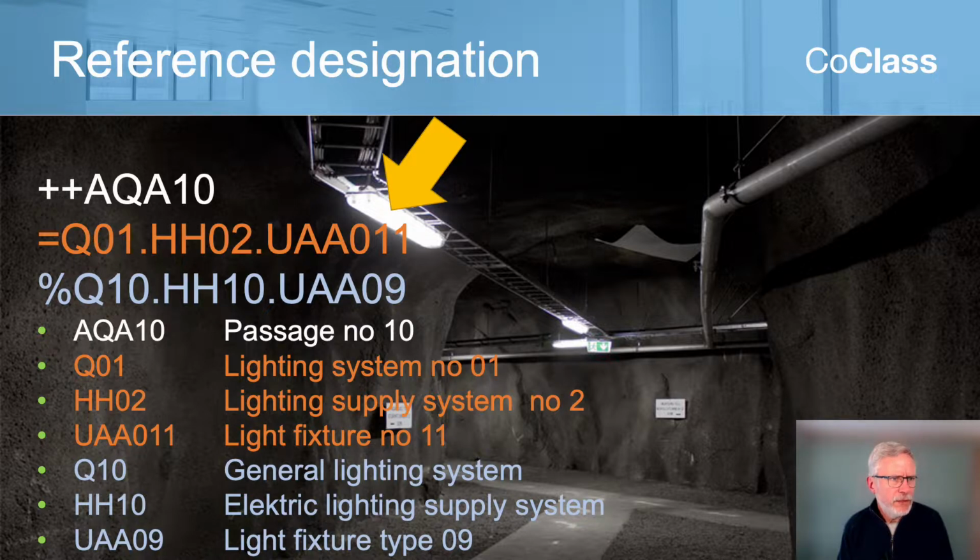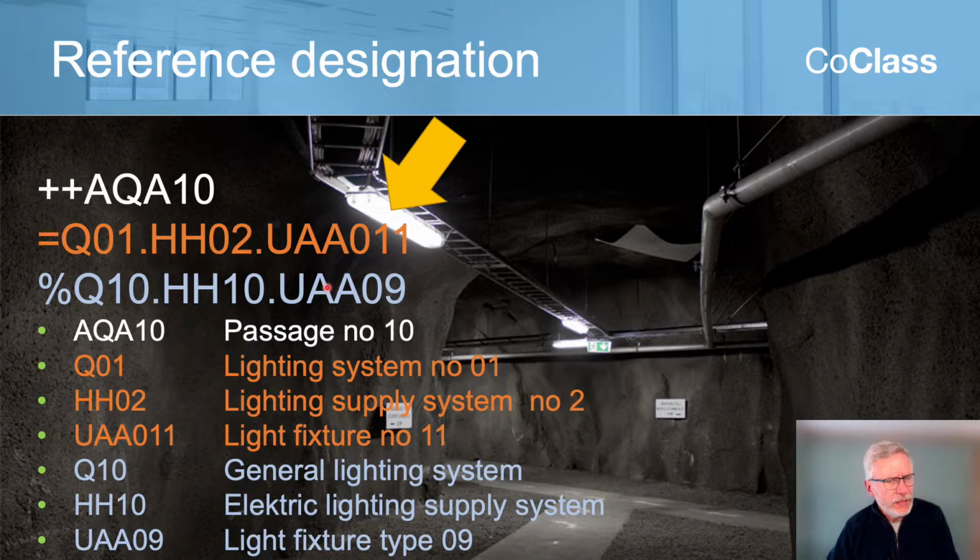The equal sign shows the identity of this light fixture, and then the percent sign shows the type, saying that the lighting system is of type general lighting, the HH, the lighting supply system, is electric, and the light fixture is type 09.